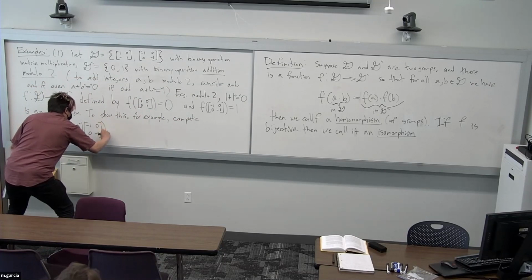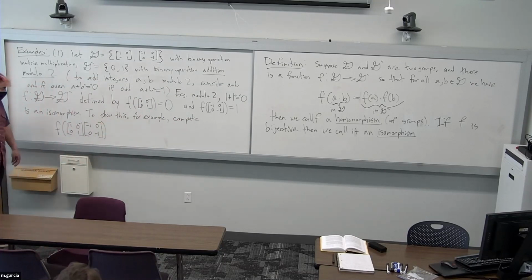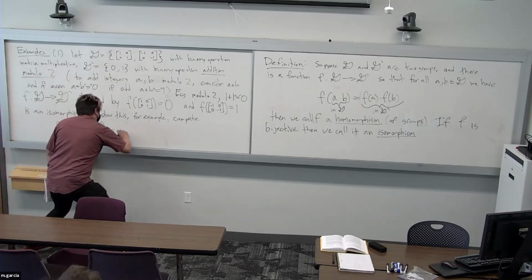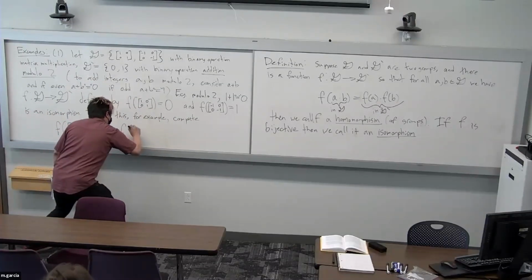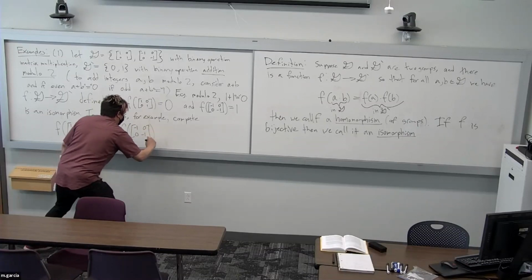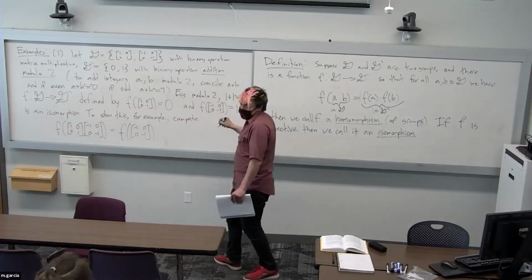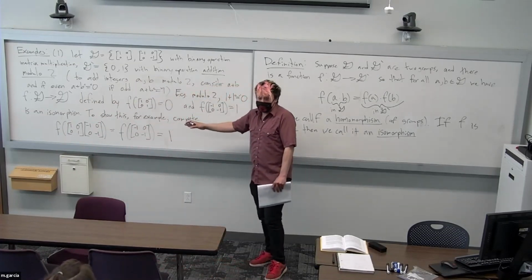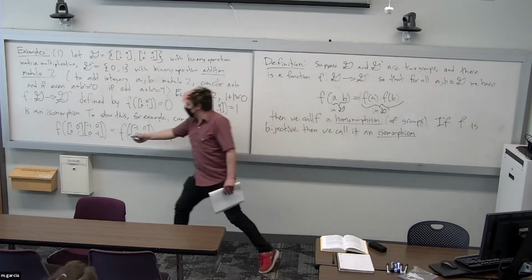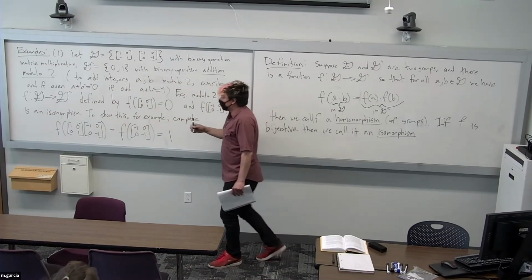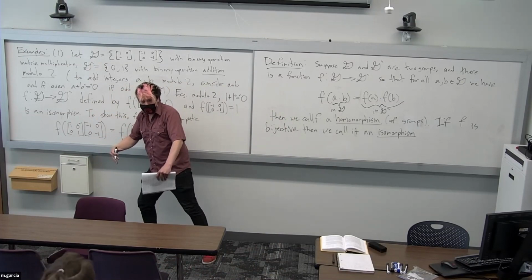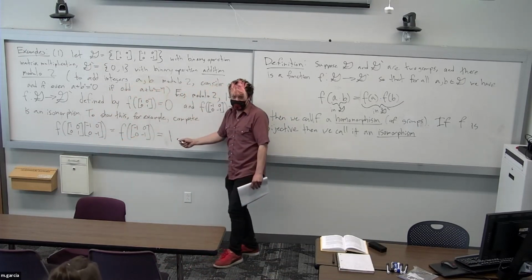Well, on one hand, we just get the negative of the identity matrix here, right? And just by definition, this is equal to 1. Okay, so that's one way of computing f of this product. Now, we should compute f of each of these, take their sum, mod 2, and see if we get the same answer. Okay?